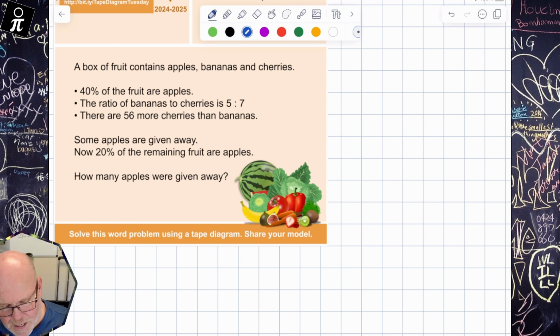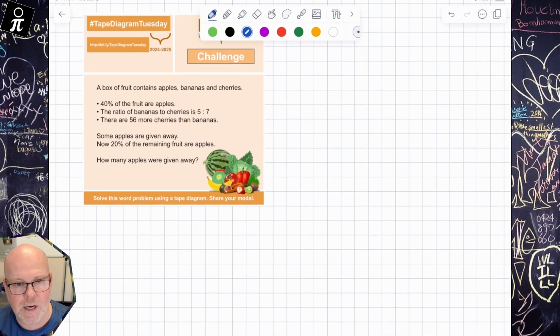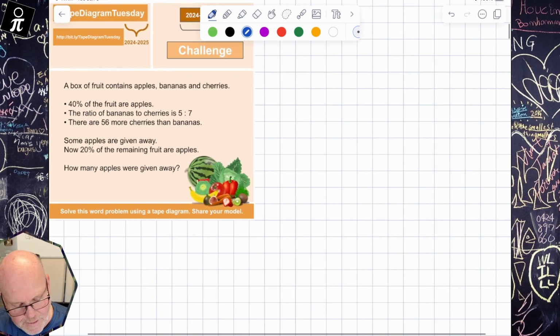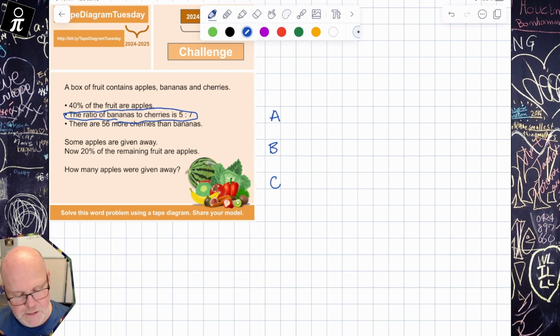So I know I have, let's see, where am I going to do this? Oh, let's do this right here. Okay, so I've got apples, bananas, and cherries. And I think the key that's going to help me get going is the ratio of bananas to cherries is 5 to 7.